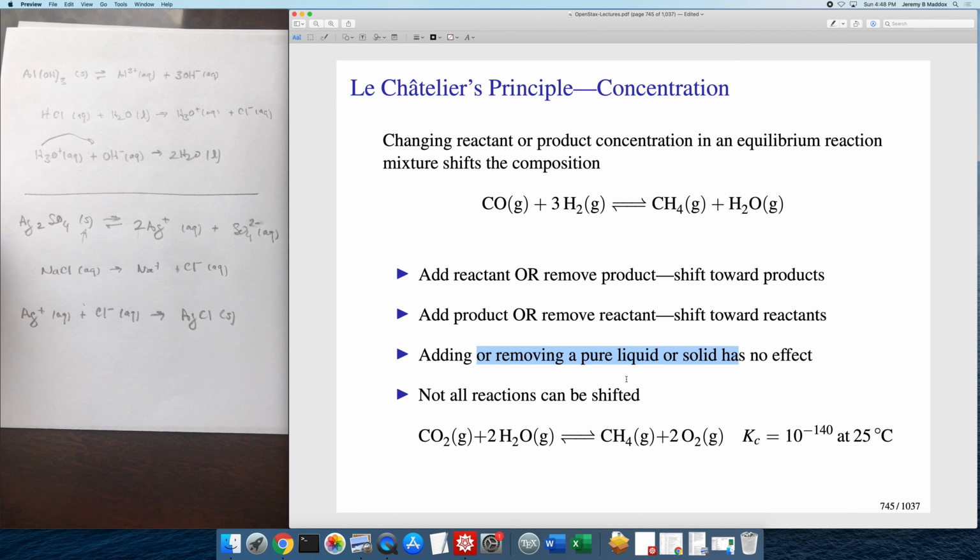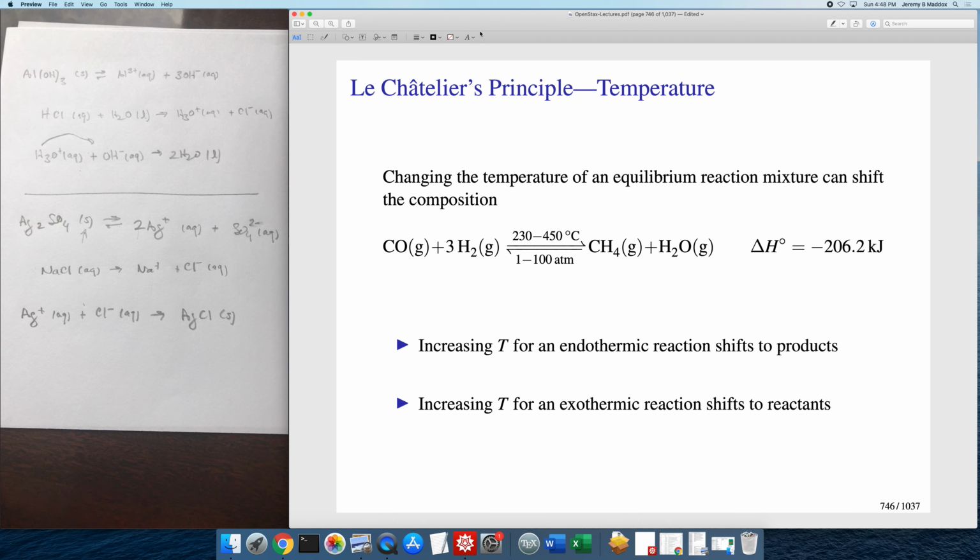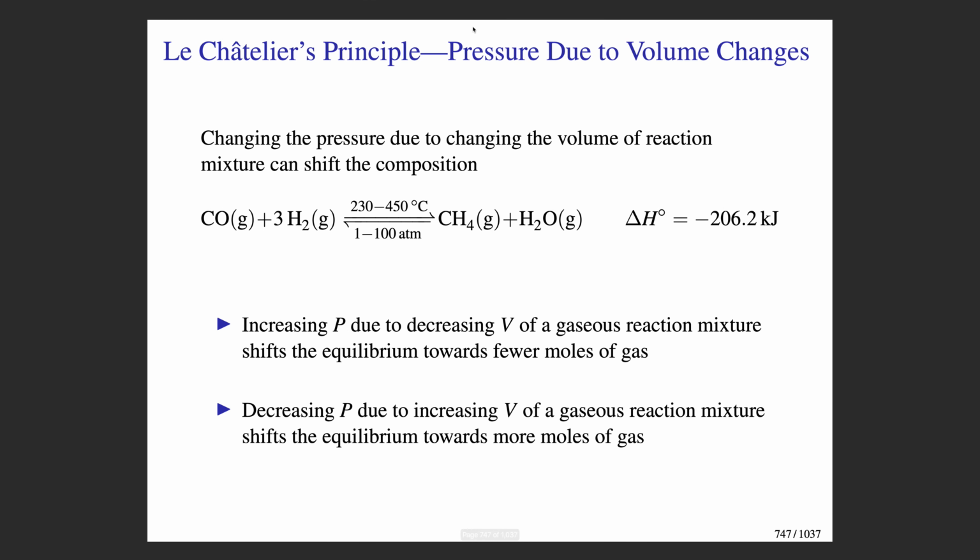Okay, so that's Le Chatelier's principle with respect to concentration. Let's talk about temperature. In fact, we've already covered this in the first chapter that we looked at when we were doing solutions. We talked about how when a solution forms, it's endothermic.